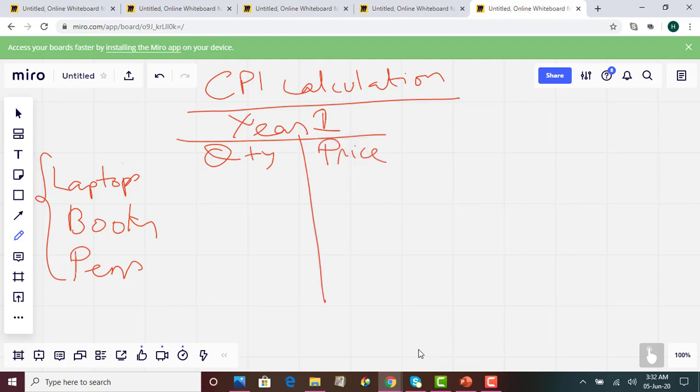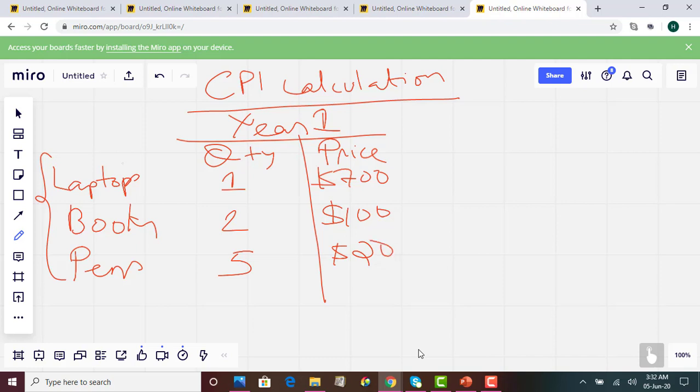In year one, one laptop was purchased for $700. Two books were purchased for $100, and five pens were sold for $20 each.